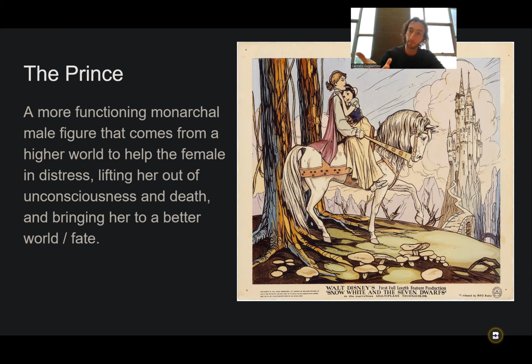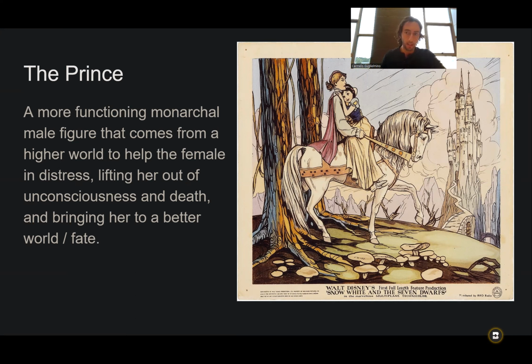He's kind of like a higher level of consciousness coming down and bringing you up to a higher level of development. Lifting her out of unconsciousness and death, right? That's what I just said. That's basically that whole idea, okay? And bringing her to a better world and fate, right? So we are having the happy ending where we are going away somewhere better overall.